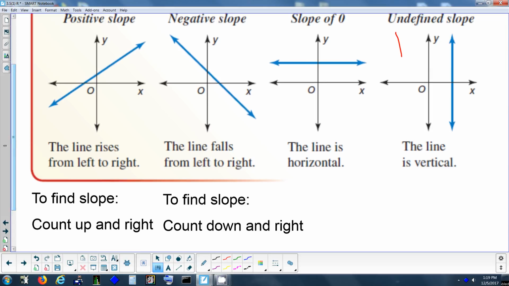If it's a positive slope, I'd take 1 point, I'd go up, however many lines it takes to get on the line where the other coordinate is, then I count to the right. And that would be my slope. Now, when we have slope, you always want to try to simplify. Same thing here. If I'm trying to find the slope of a negative, I'm going to count down first until I get to the line that the other coordinate's on, then I'll count to the right. That's how you want to do it.